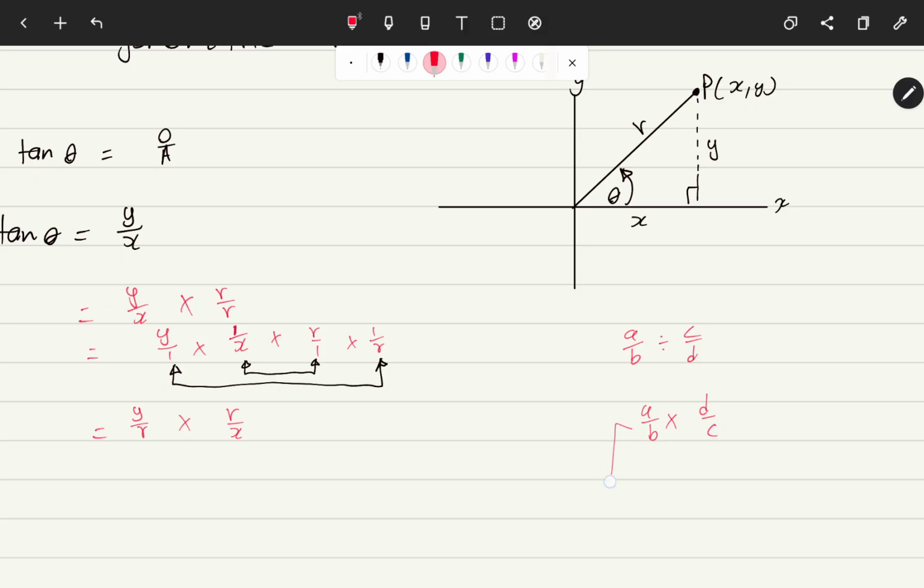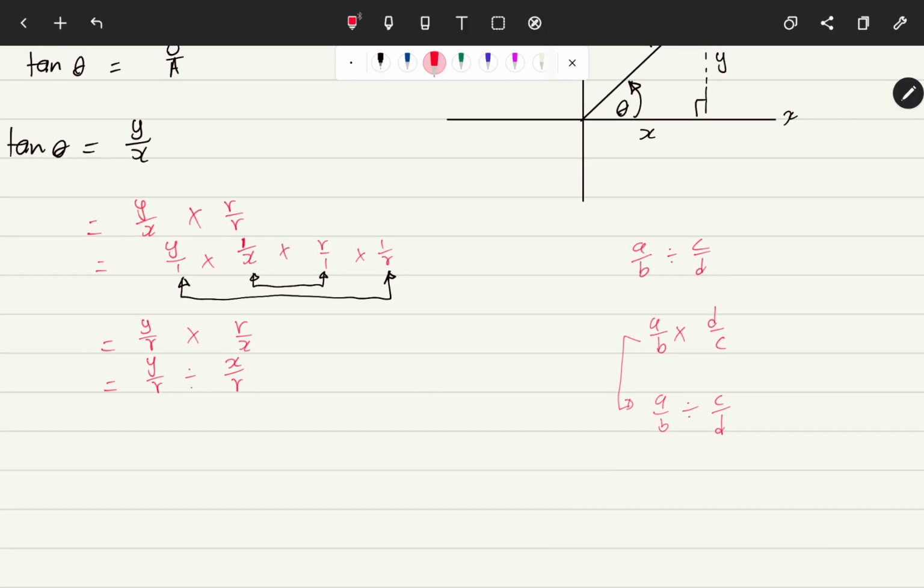This is what we use for these products. After multiplying, we ended up with y over r and r over x, and now we divide and end up with x over r.